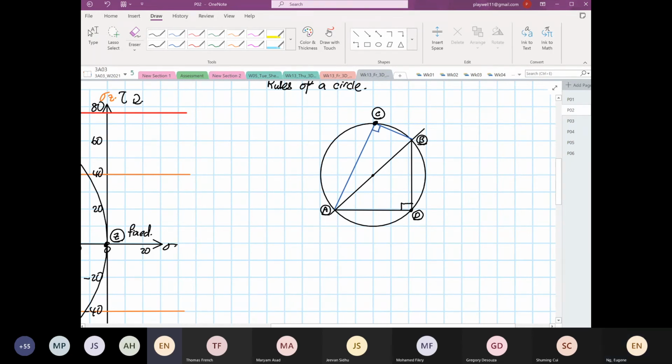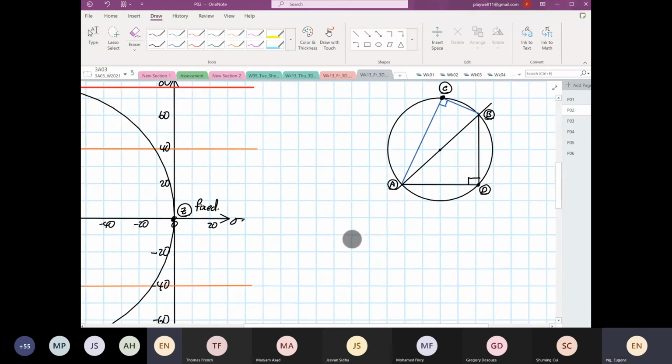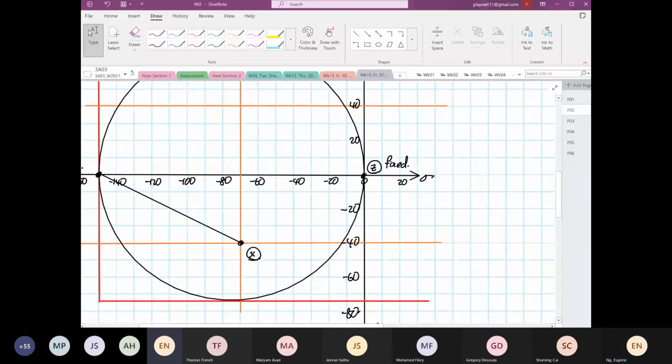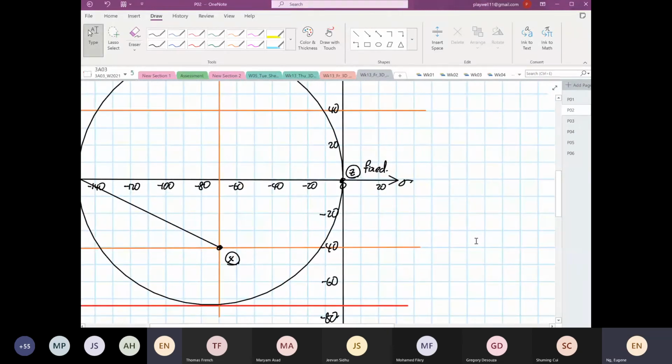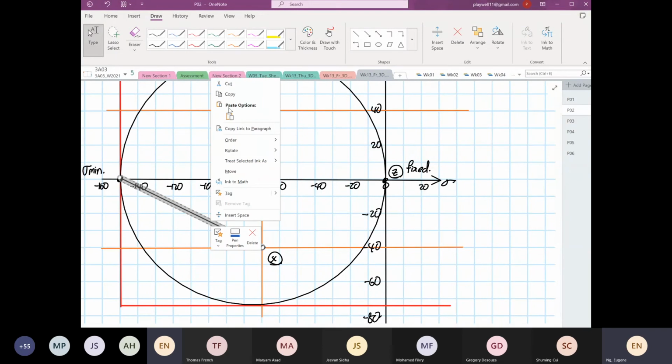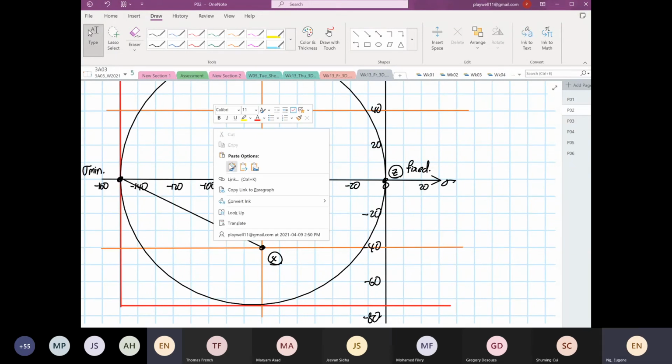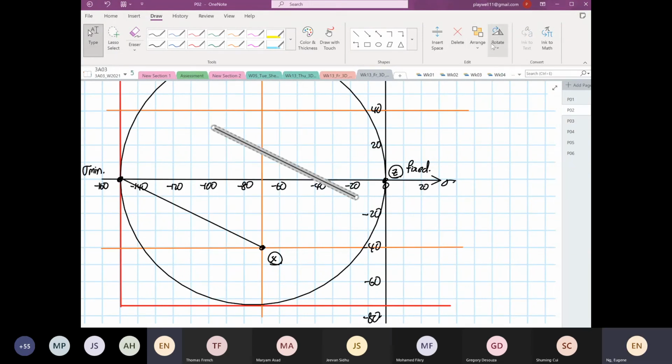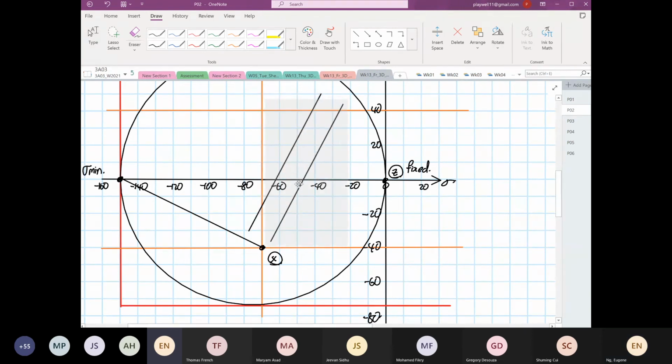Okay, so now, knowing this rule, I come back here. So we have 2 points, yes or no? I'm going to copy this line, paste it, and then rotate this line by 90 degrees. So this point over here is my diameter of my circle, yes or no?